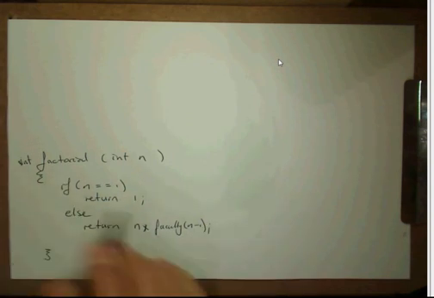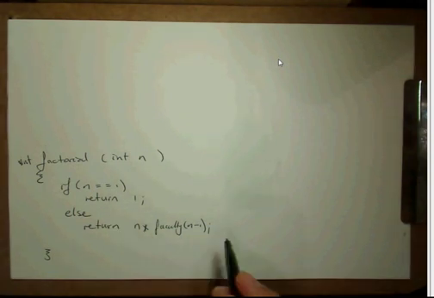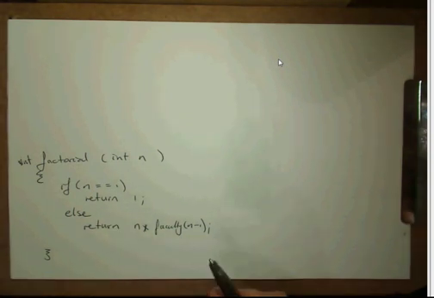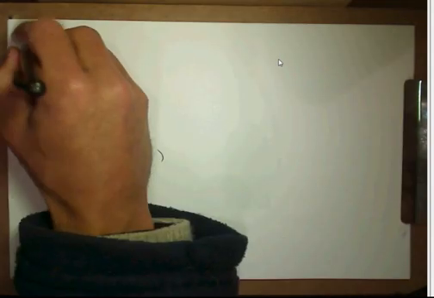Just try to forget for the minute that factorial calls itself. The definition does as well, so let's look at whether C can handle it. So let's just create a main as well.